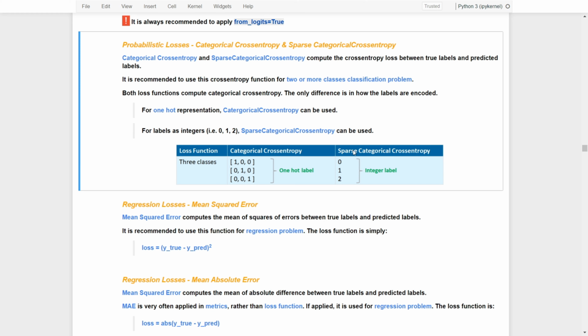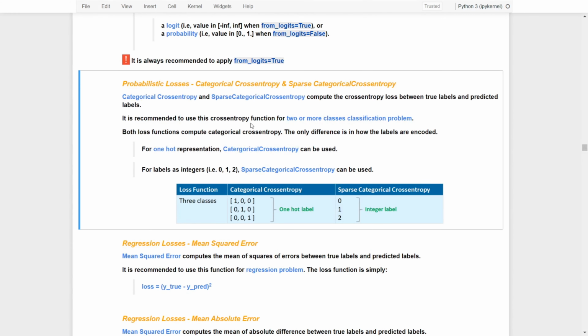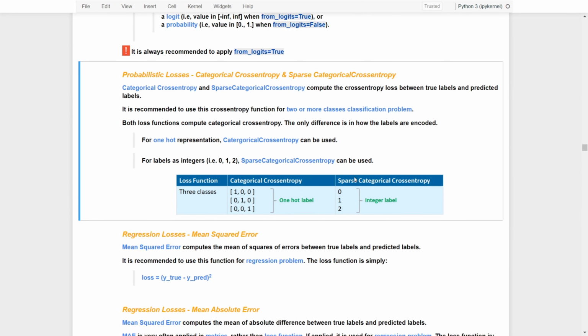On the other hand, for the sparse categorical cross entropy, that is an integer label, and 0 represents the first class, and 1 represents the second class, and 2 represents the last class. So it depends on how the labels are encoded to determine which probabilistic loss function we should use.